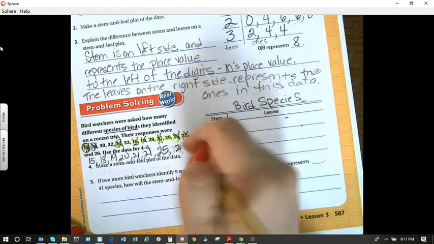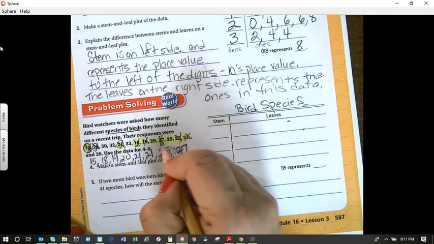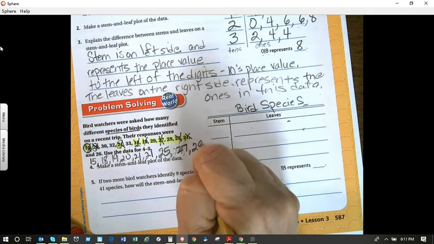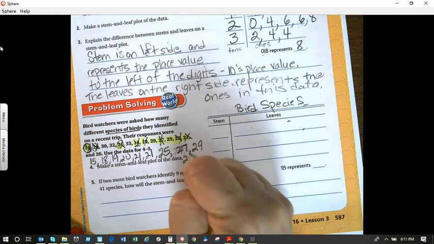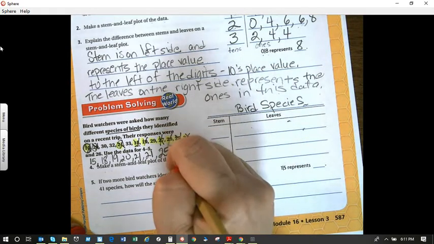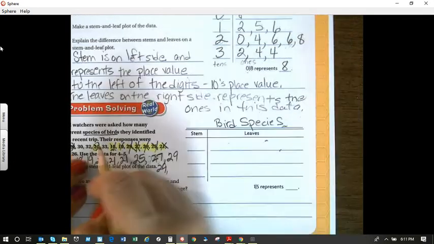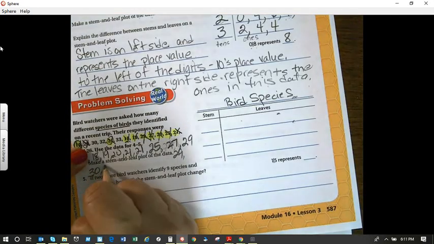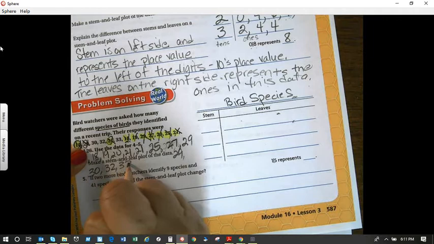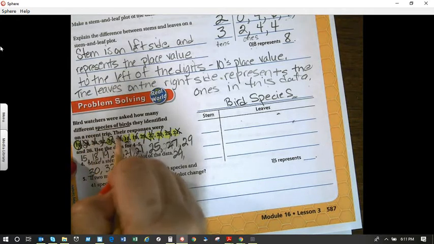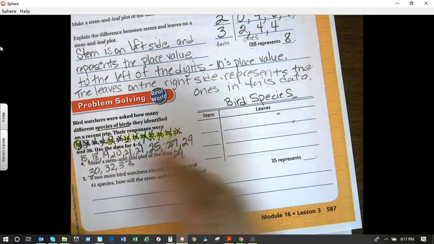Welcome back from spring break, right? So it's 27, 29 twice. And then I have 30, 32, and 33. And then 26. I hope y'all caught that one.